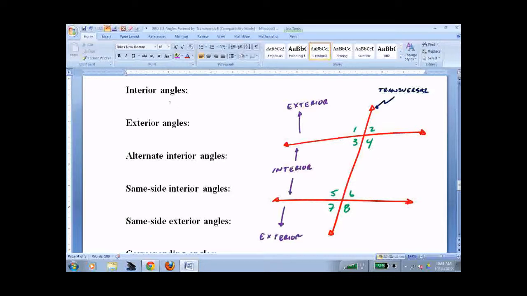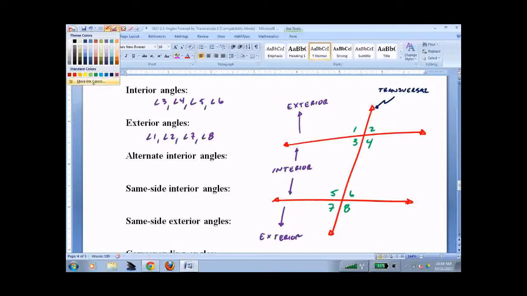So the interior angles are angle 3, angle 4, angle 5, and angle 6. And the exterior angles are angle 1, angle 2, angle 7, and angle 8. Pure memorization. No super trick that you can use, not that I know of.